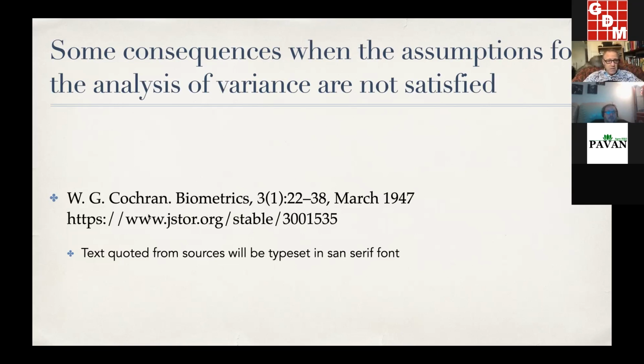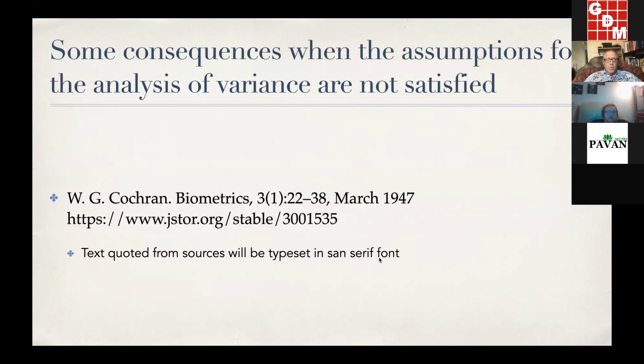And we see the link to the JSTOR PDF version of this file, and text I quote from the sources will be typeset in a sans serif font. So those aren't my own words, they're usually the words of the original authors.